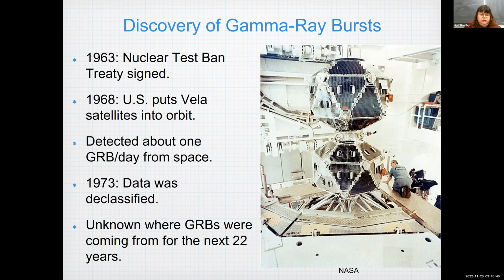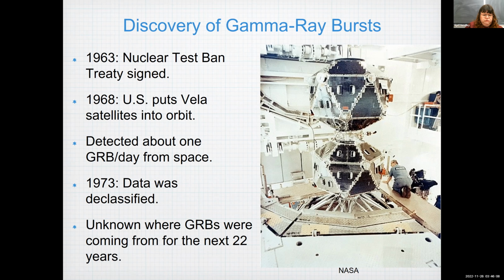Since it was a military thing, the data was classified initially. It was 1973 before the data was declassified. However, for the next 22 years, it wasn't certain where the gamma ray bursts were coming from or what produced them.